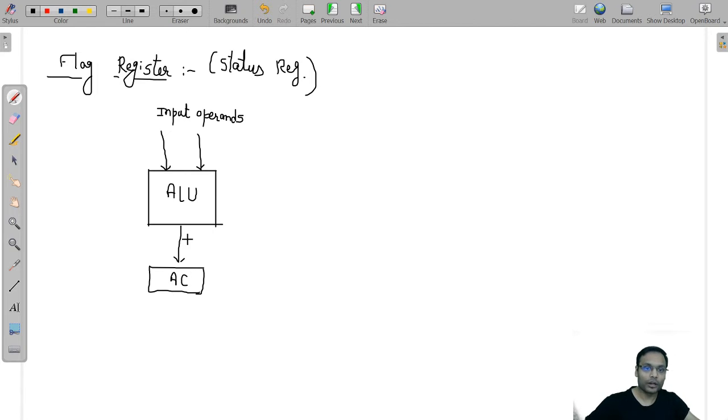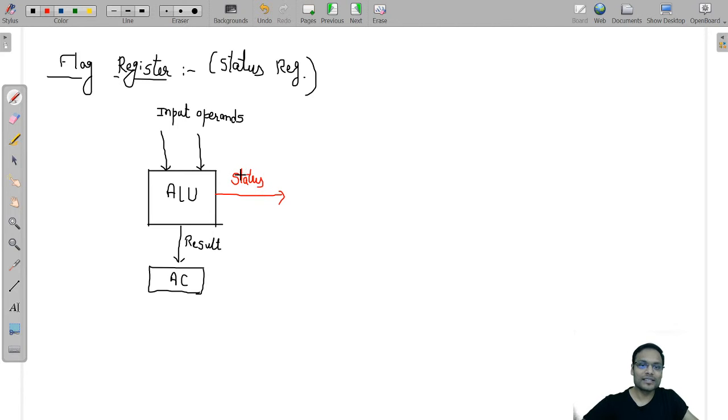This much I have already explained, but now I am going to add another piece of information to your previous knowledge. If the CPU, sorry, the ALU, performs an operation, the ALU generates two types of outputs. What are those two types of outputs? The first output is the result, and the second output is the status of that result.